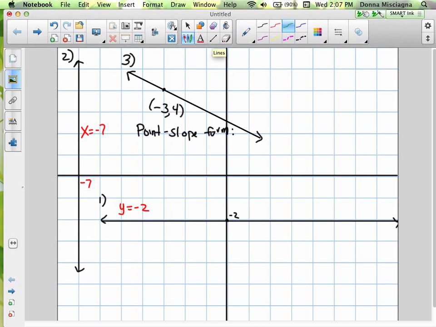However, no matter what my line looks like, once I write the equation in point-slope form, I could just simplify it, and when I simplify it, it'll be in slope-intercept form. So in point-slope form, the formula is y minus y1 equals m times x minus x1. So I have the point, there's x1 and there's y1. I do need the slope.